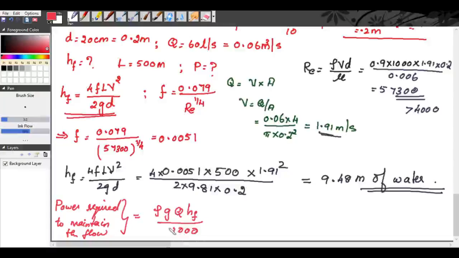See, this division by 1000 is for converting it into kilowatts. If you are expressing it in watts, it is rho G Q into HF.